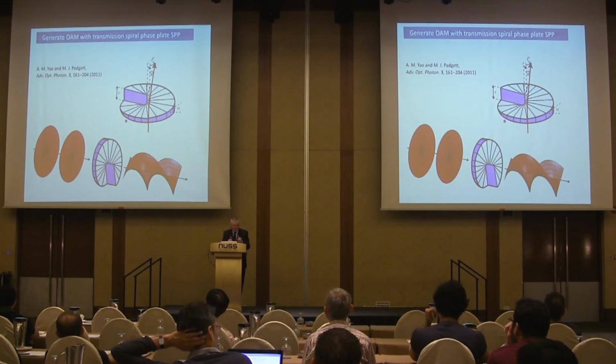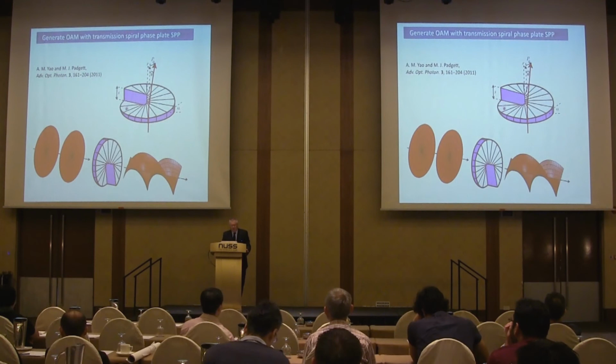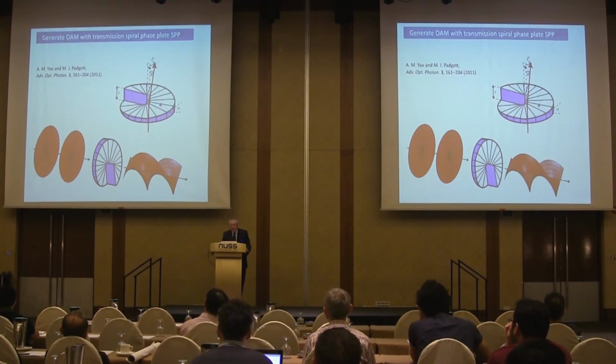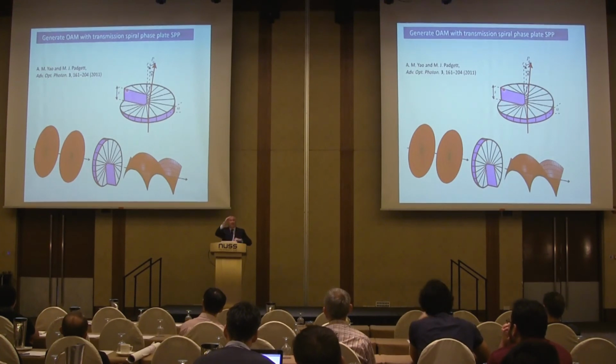So if you think about it in terms of interfering paths, the particle can come through a narrow part of the plate where the small quantity of material causes a small phase shift, and then depending on where it comes through, it gets a larger and larger phase shift as it goes around, and you arrange the spiral phase plate so that the difference in paths between the thinnest and the thickest part of the plate corresponds to a de Broglie wavelength, or a multiple of de Broglie wavelengths.